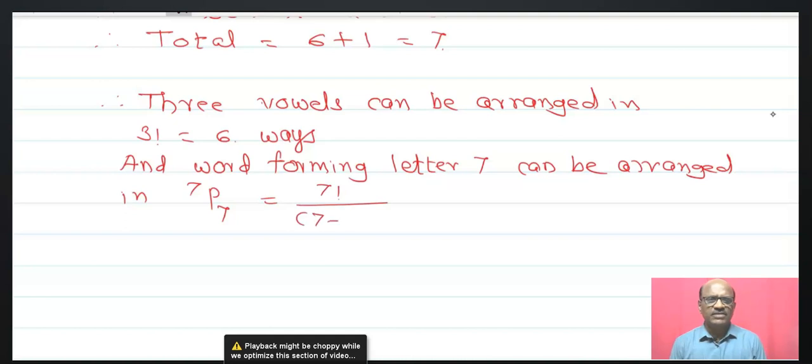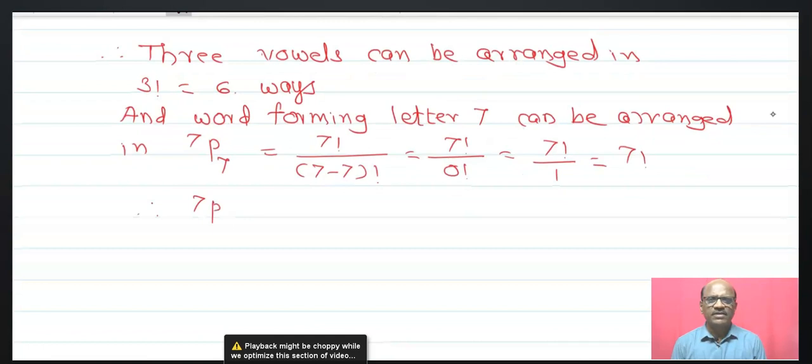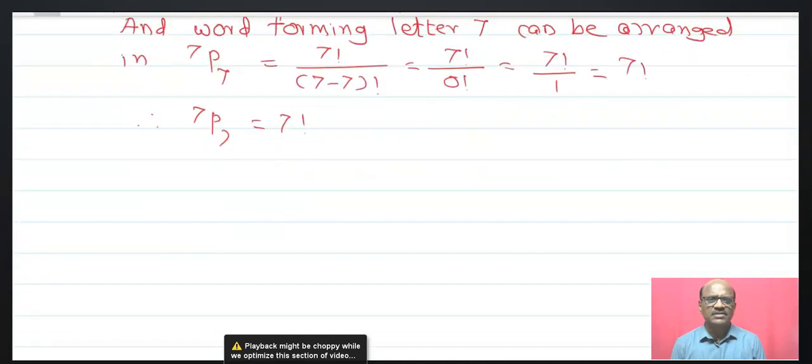That is equal to 7 factorial upon (7 minus 7) factorial. 0 factorial means what? 1, so it is 7 factorial. Therefore, 7P7 is 7 factorial.